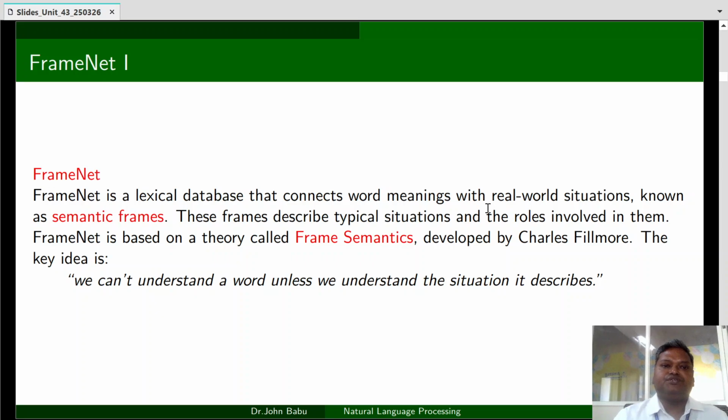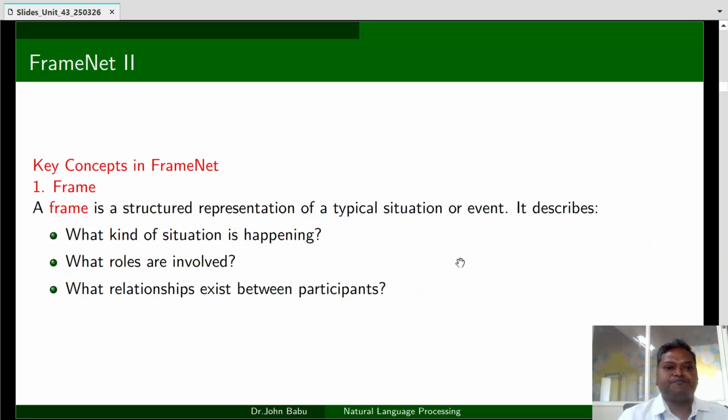Suppose I say COVID, immediately the words that come into your picture are pandemic, hospital, oxygen cylinders, vaccine. These are the words that will be triggered by talking about COVID. Similarly, whenever we take a predicate, a frame will be instantiated. The frame will contain all the related contextual words.